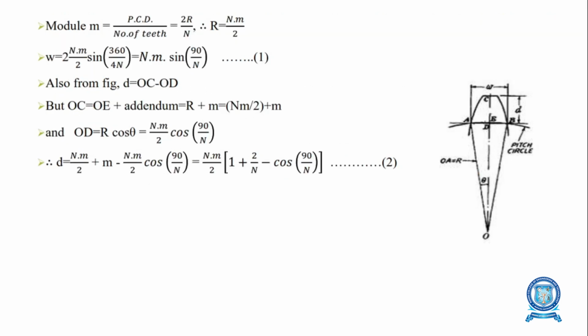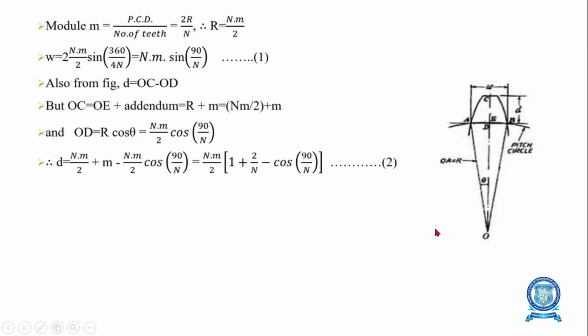The module M is equal to PCD divided by number of teeth, which is 2R divided by N. So R is equal to NM divided by 2, number of teeth times module divided by 2. So W is equal to 2 times NM divided by 2 times sine 360 divided by 4N, so W is equal to NM sine 90 divided by N.